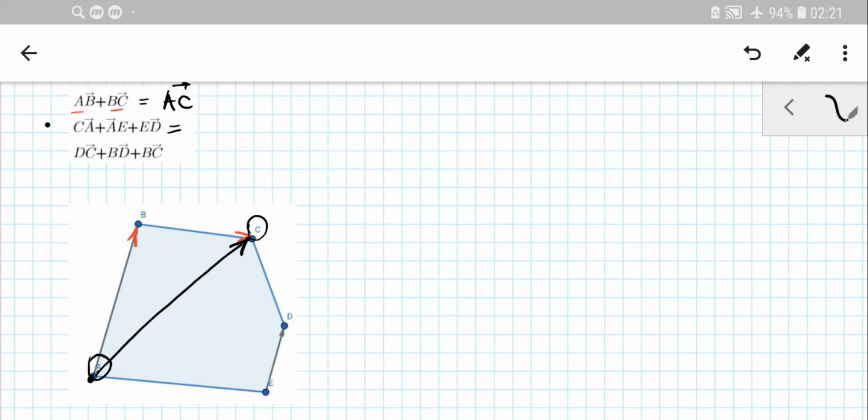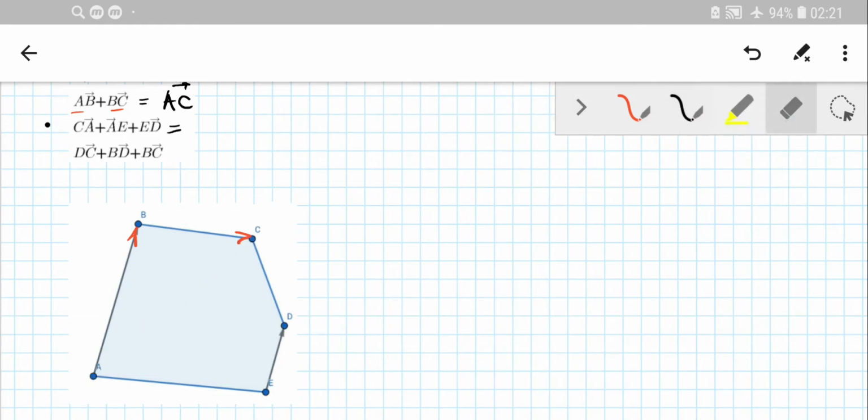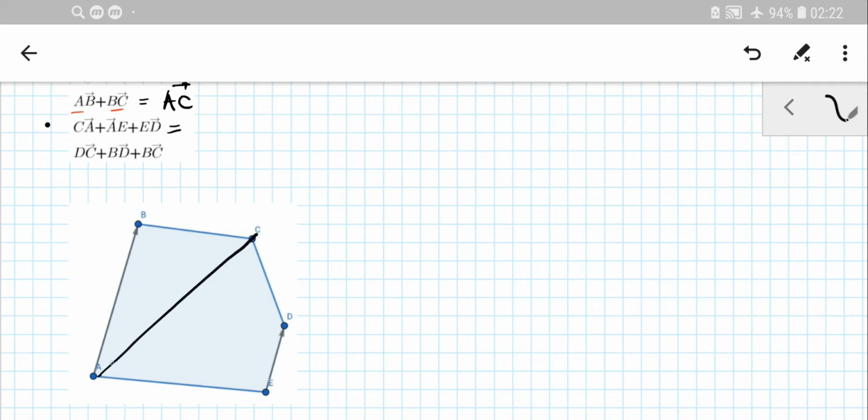All right, let's move on. Before doing that, I just erased the results. Now vector CA goes that way from C to A. Then AE is from A to E. They are already in a chain. The last one, ED, goes that way. We've got more than two vectors, so we cannot use the triangle rule.